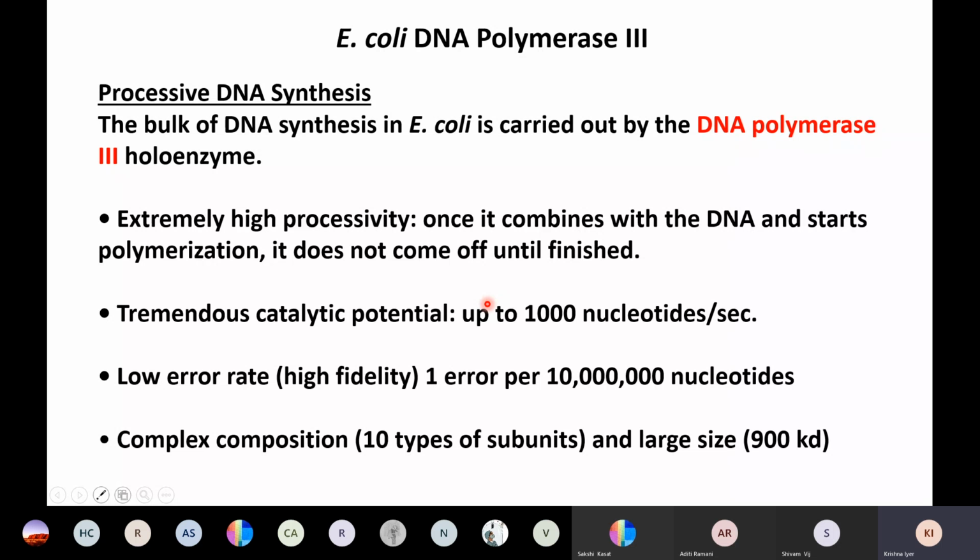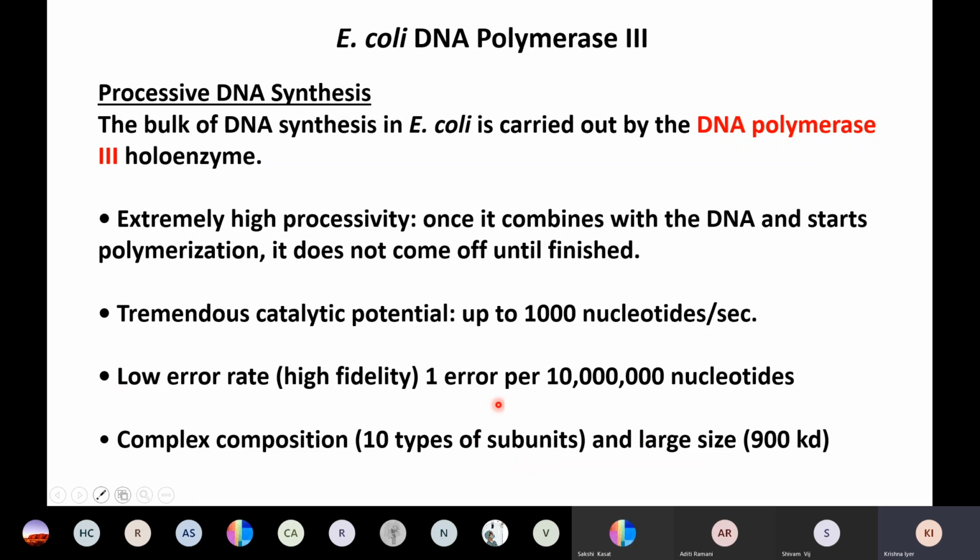The important part is it has got a very high rate of nucleotide addition, high enough to realize that I could have an E. coli replicating in 20 minutes flat. It also has a very complex composition, more than 10 proteins which come together to do the job. Okay, but this is very important.